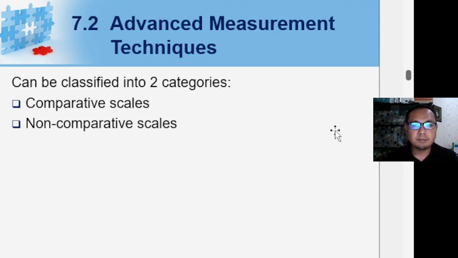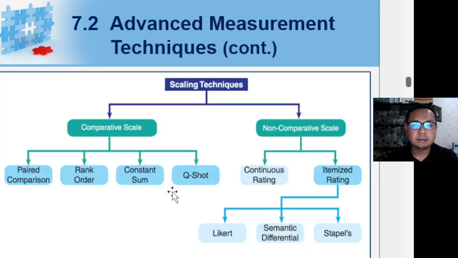And then for advanced measurement techniques, we can classify into two categories: comparative scale and non-comparative scale. For comparative scale, you can see paired comparison, rank order, constant sum, and Q-sort.